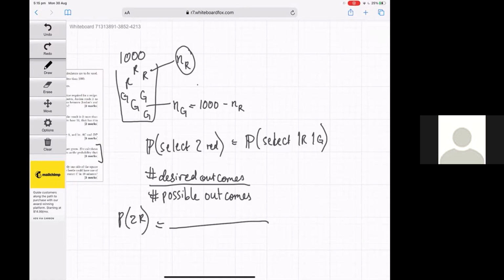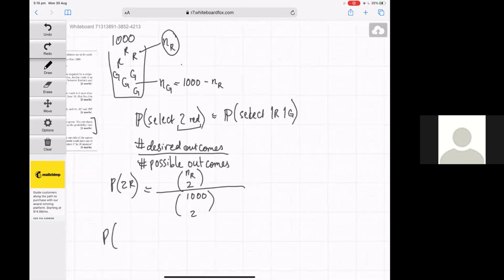So that is going to be 1,000 choose 2. And on the top, our desired outcomes are when we select only red ones, but 2 of them. So the top would be, how many ways can I choose 2 marbles from all of the red ones? And there are nr of those.